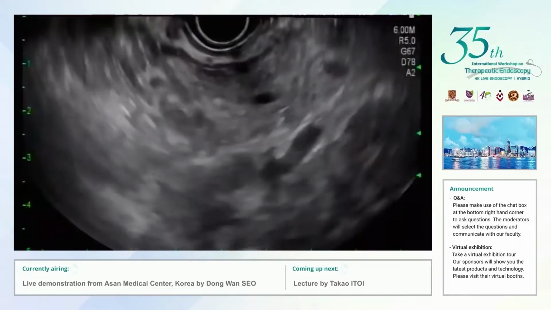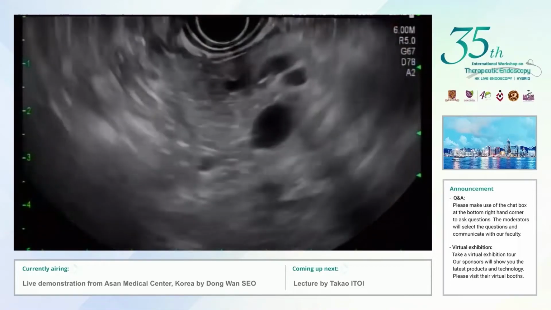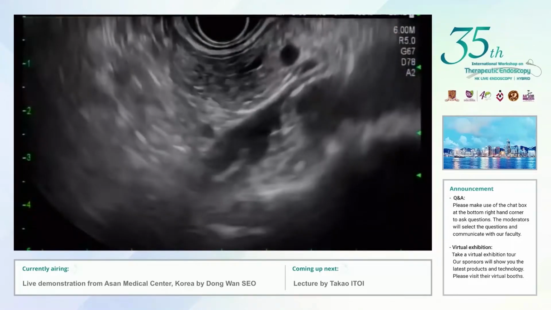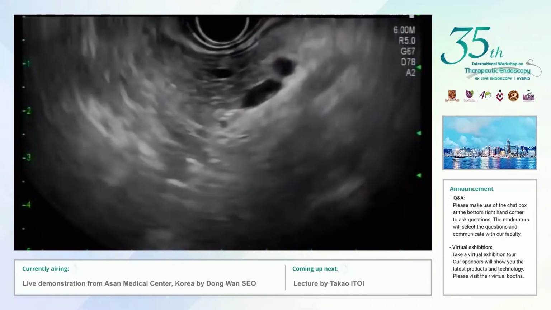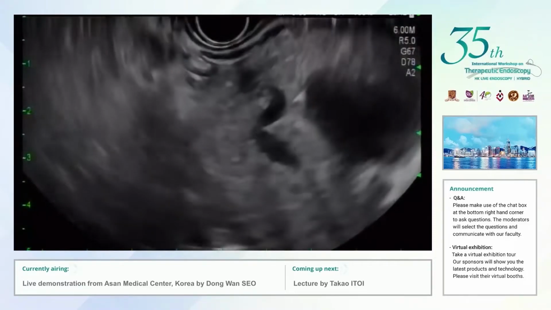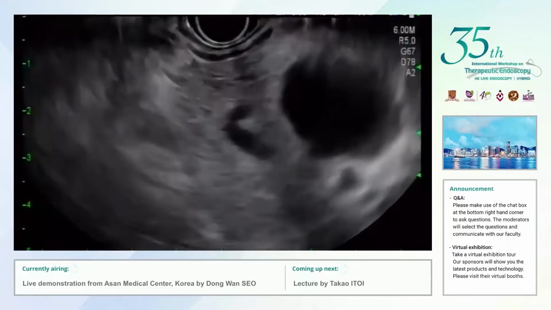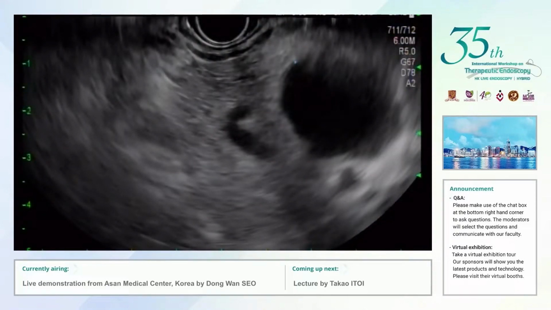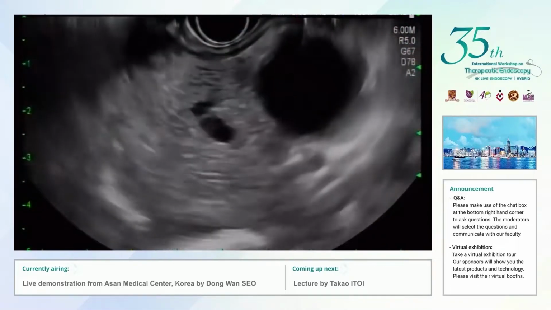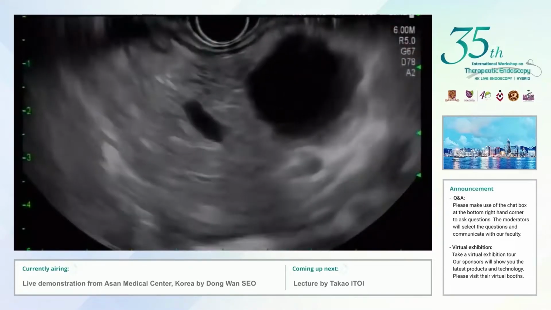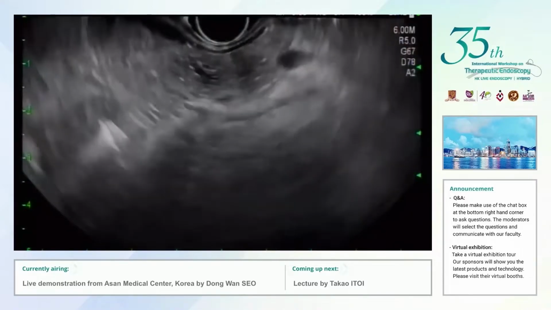Now I am trying to go back to the body and also to the neck area of the pancreas. And we can appreciate pancreatic duct dilation and also a cystic lesion here. This is the cyst. It is about 2.8 centimeter in size, and it is located close to the main pancreatic duct.